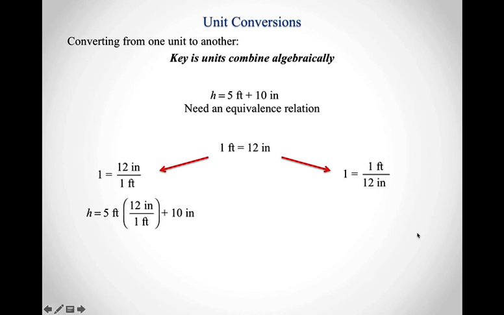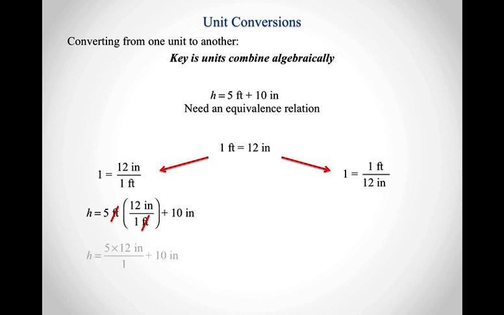Well, mostly what this means is I need to set this up so that the feet that are on top here will get canceled out by the feet on the bottom. So notice that in order to do that, I need to make sure that the feet as a unit go on the bottom in this expression. If the feet go on bottom, inches have to go on top. And so that allows me to cancel out feet.